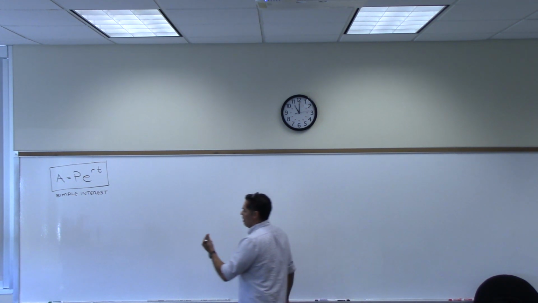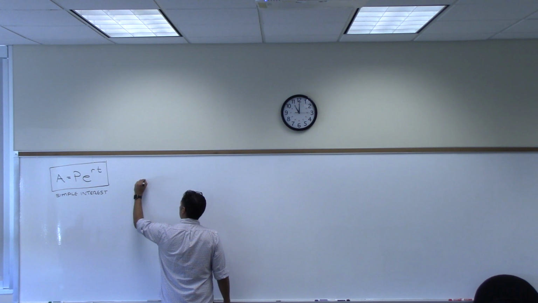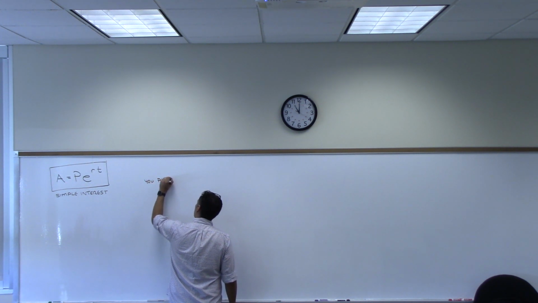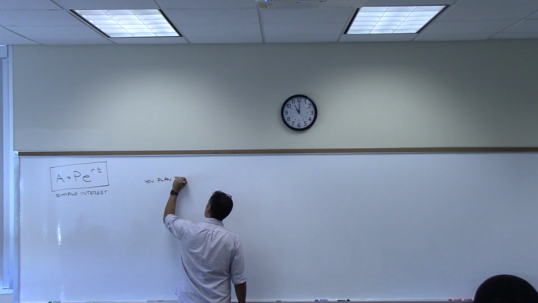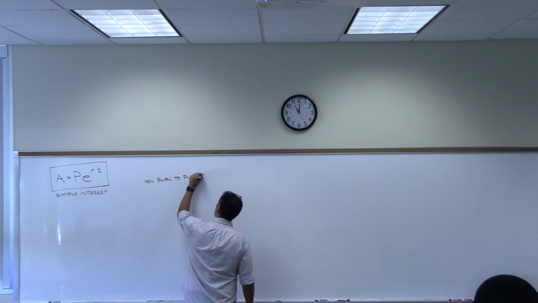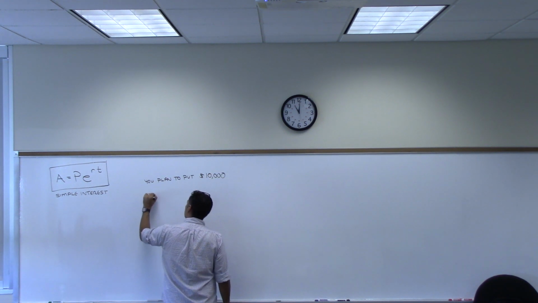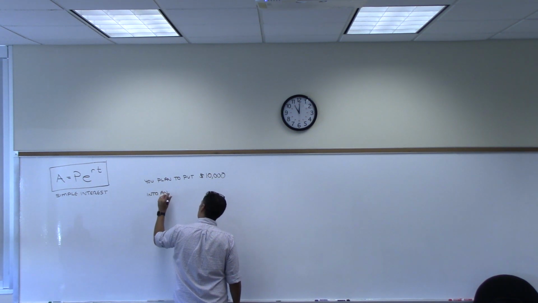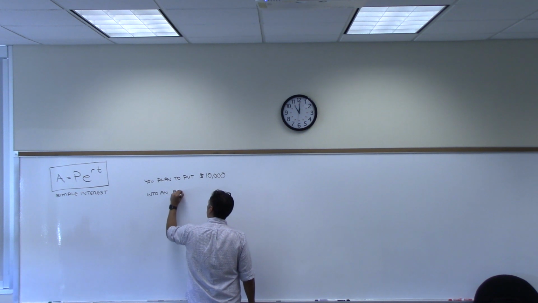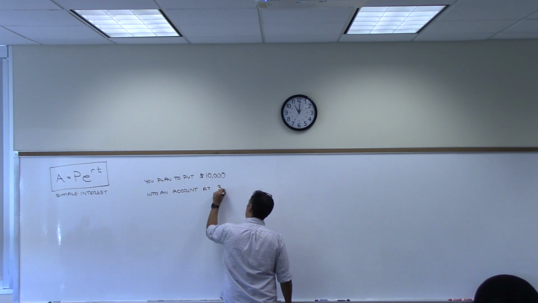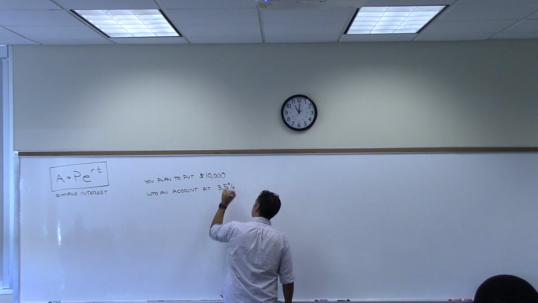So you plan to put, let's say, $10,000 into an account at, let's go with 3.5% interest.